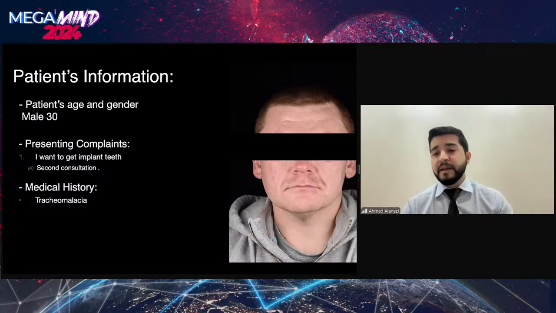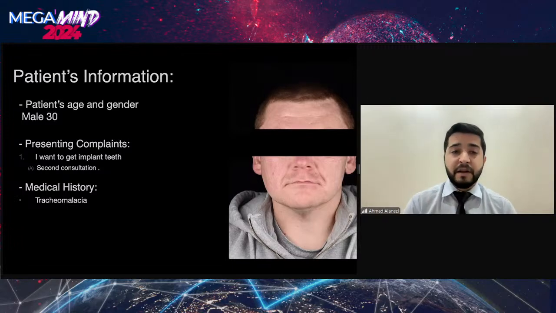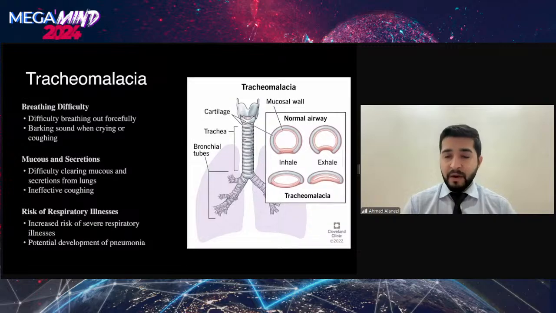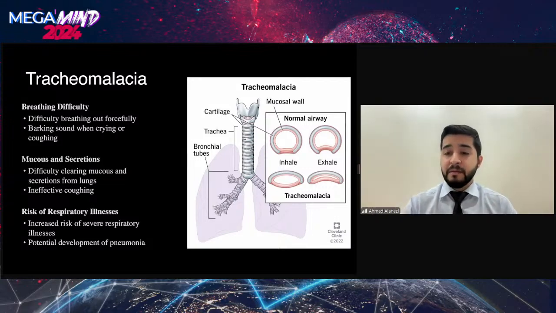The patient's medical history revealed that he has tracheomalacia, a condition where the trachea is deficient. It cannot clear fluid or secretions from the lung, and this is especially important when we are designing our denture, because sometimes the denture can accumulate mucus.